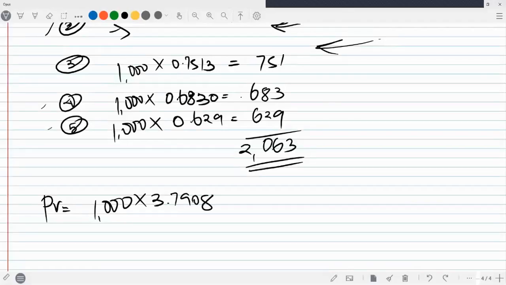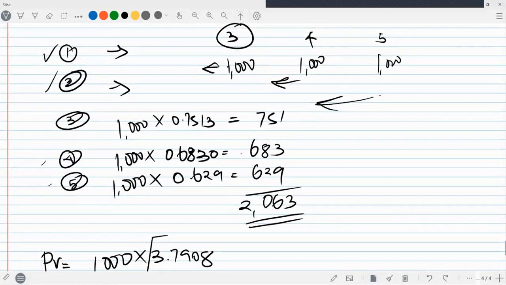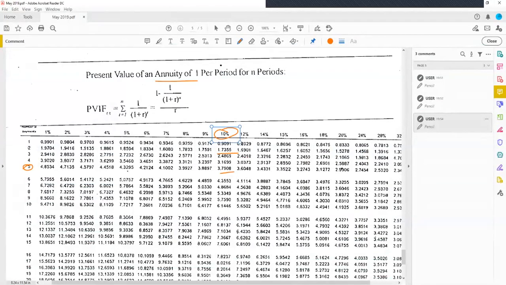However, the reality is that you don't get the money for the first 2 years. So therefore, remove the factor for the first 2 years because you don't get it. Going back to the tables, the factor for the first 2 years is equal to 1.7355. So we remove that factor.